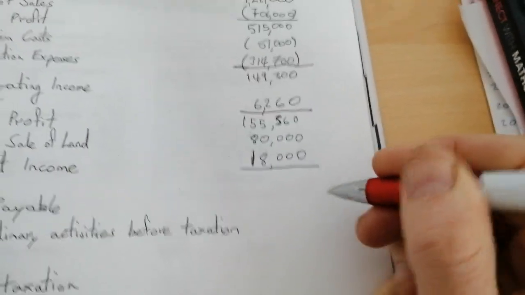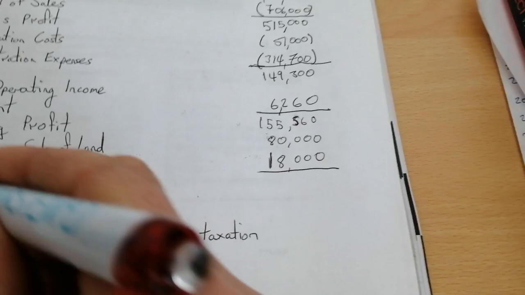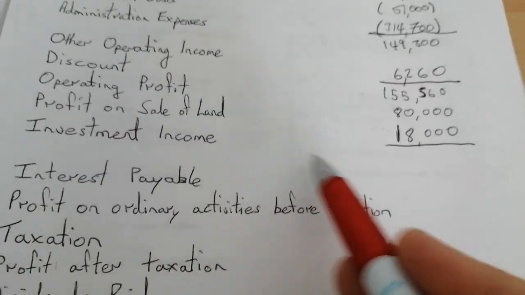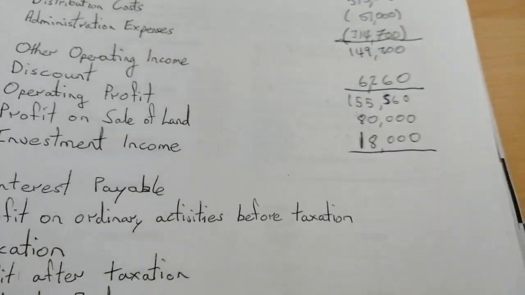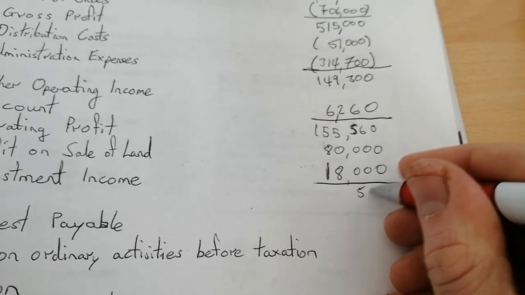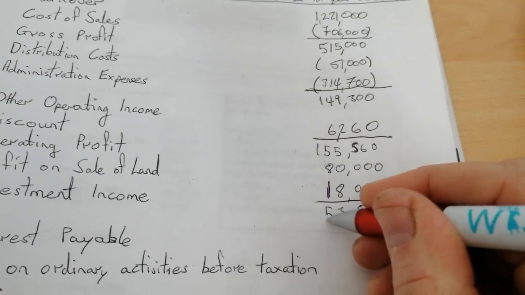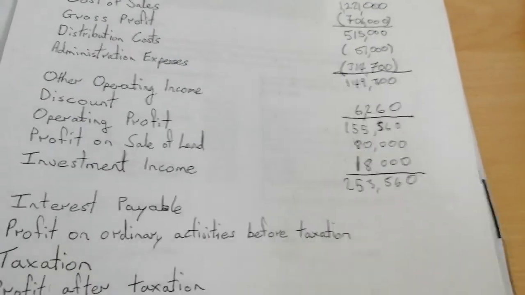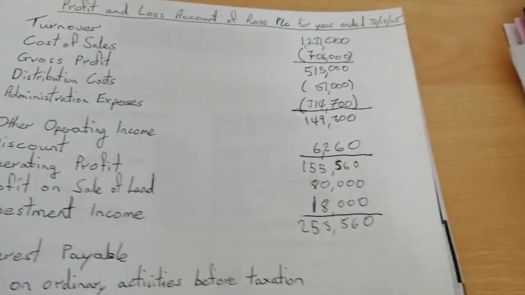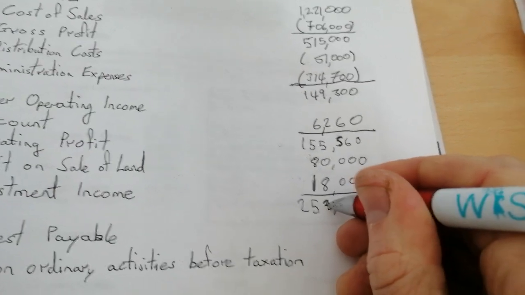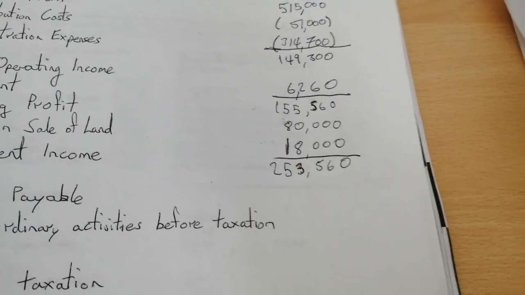Okay, and then we can add the three of those up, and again there's a blank here, so we don't have to put in any kind of a heading for what this figure is. So that's 253,560. I can't read my own writing.